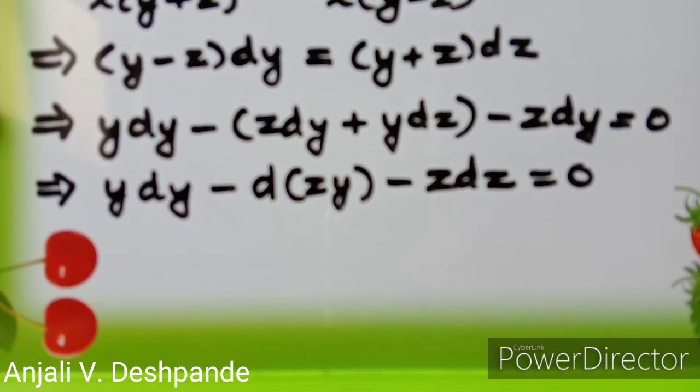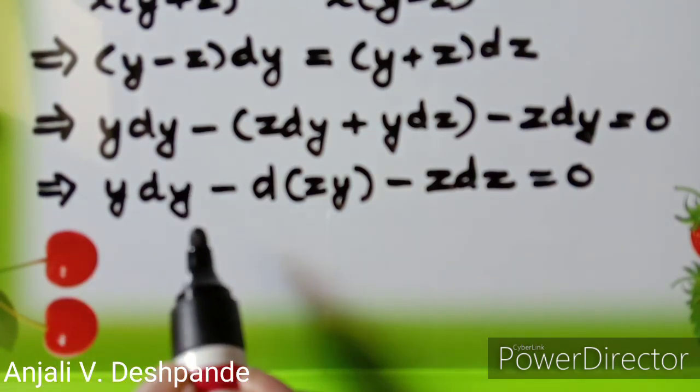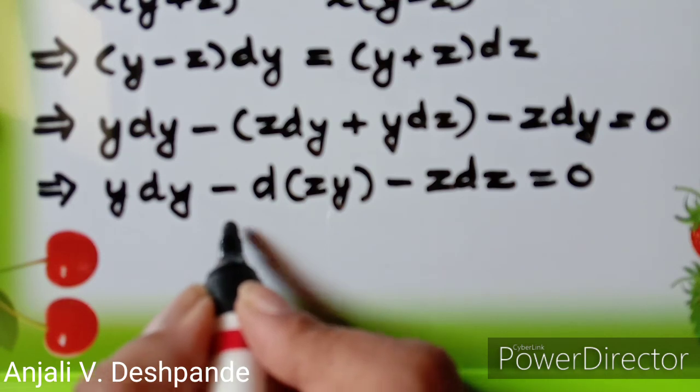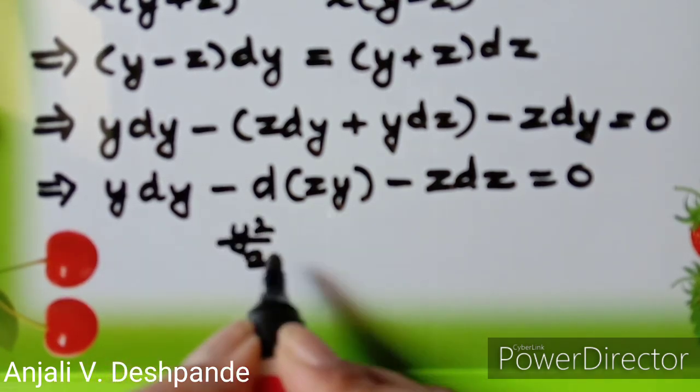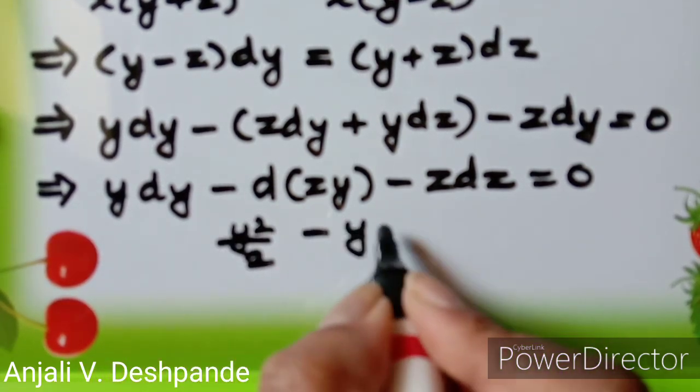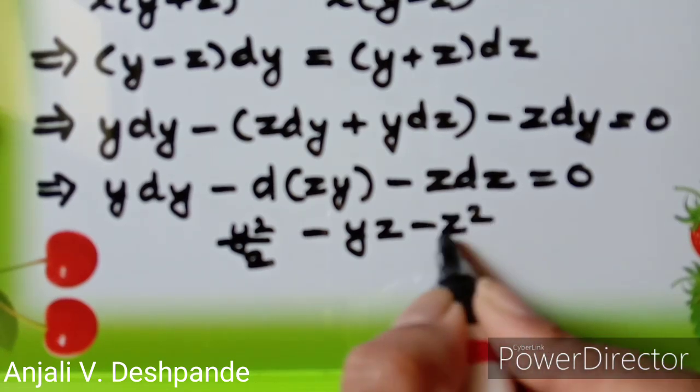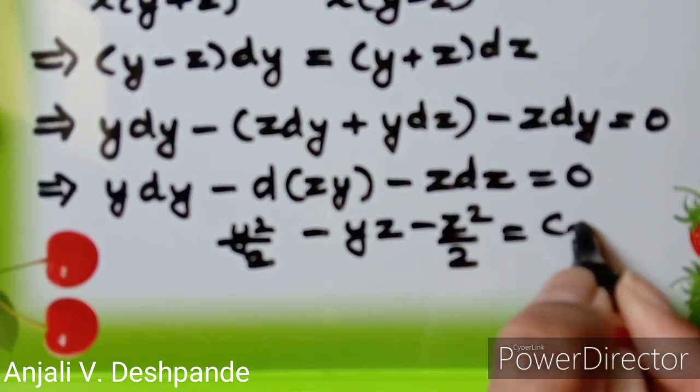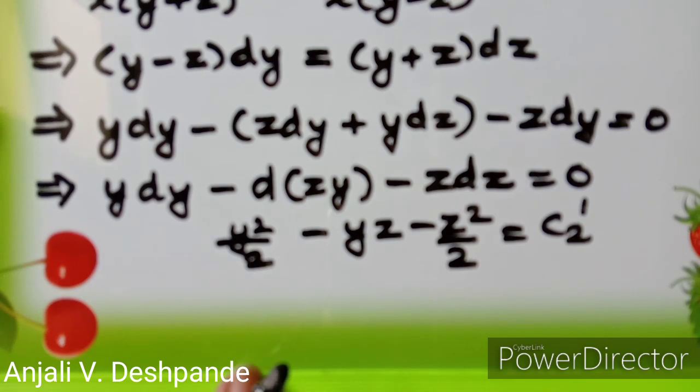So now what is remaining is we have to integrate. After integrating, we are going to get y square by 2 minus yz minus z square by 2 is equal to, let us call this c2 dash.